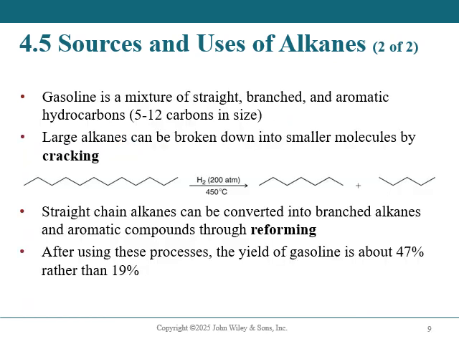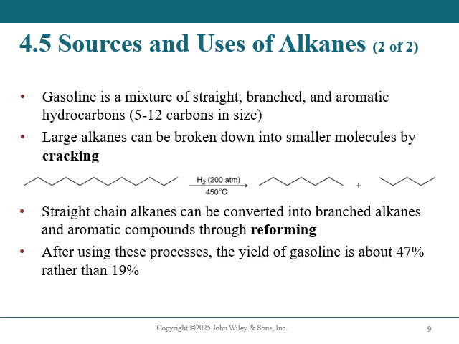In the case of gasoline, the one that we deal with the most, it is a mixture of straight, branched, and aromatic hydrocarbons, usually between 5 and 12 carbon atoms in size. Large alkanes can be broken down into smaller molecules by a reaction known as cracking. We do that, we add hydrogen, very high temperatures, very high pressure, and then those chains break into smaller chains.